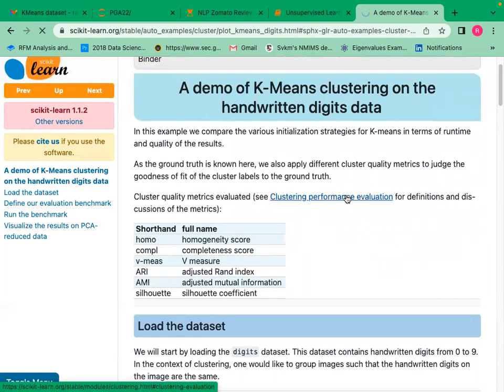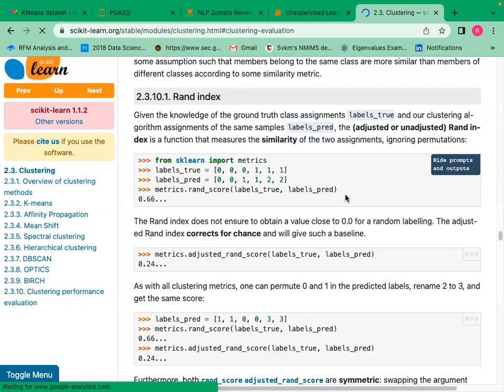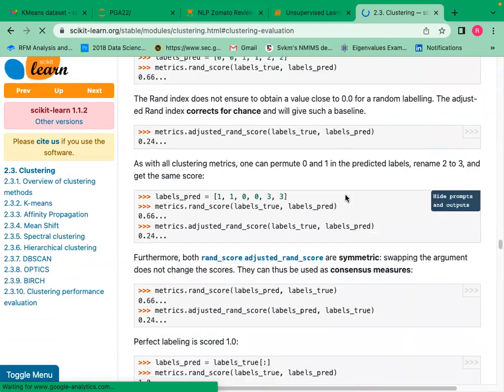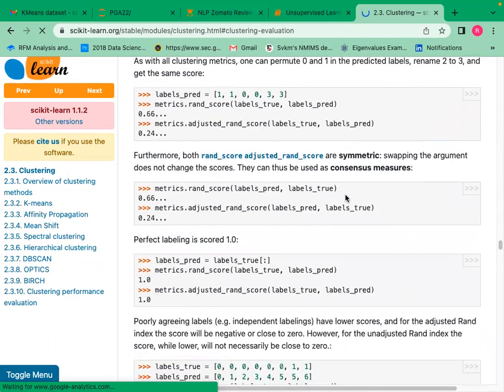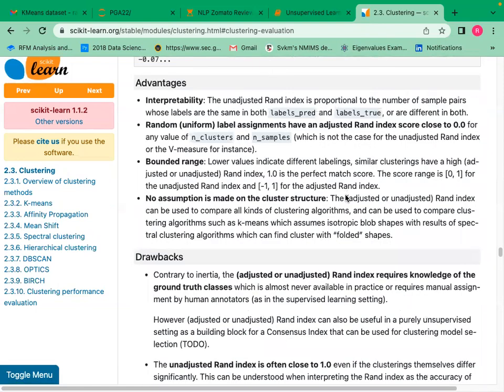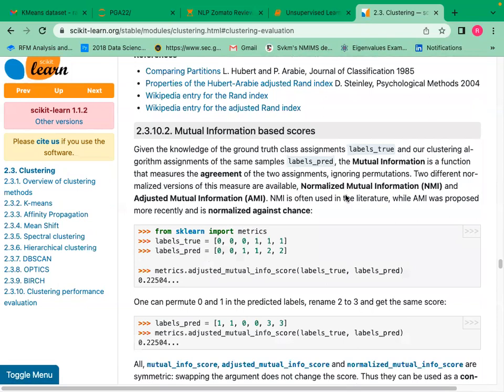We have other metrics also. Rand index. Mutual information based scores, MI. Oh, they added a lot of things.